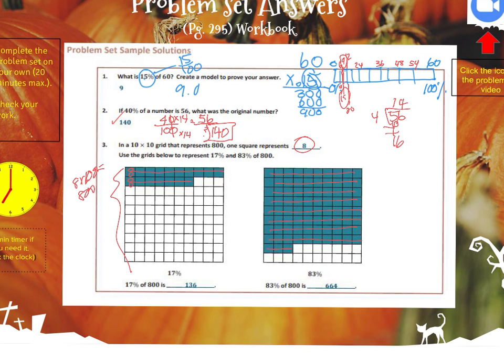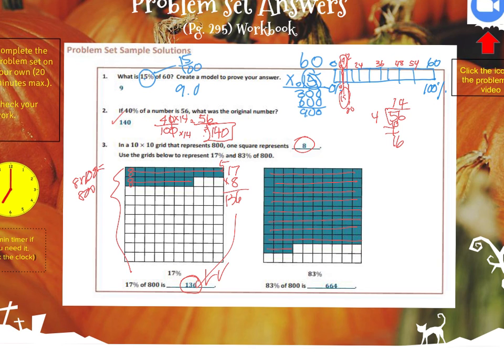This one says 17% of 800 is... so we have it visually down. If I take each of these 17 and multiply by 8, because each is valued at 8, I get 136. So that checks out.